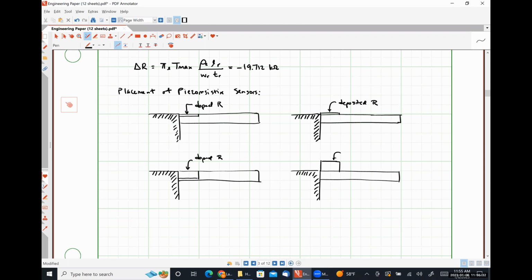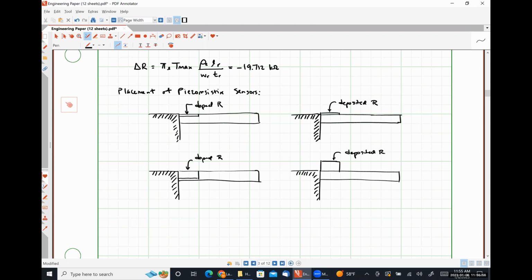Does the width matter? So what is the width of the piezo resistor? What is that going to change? Just speaking strictly about the piezo resistor.